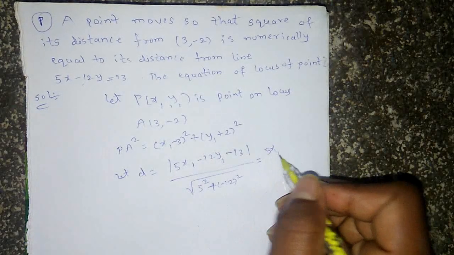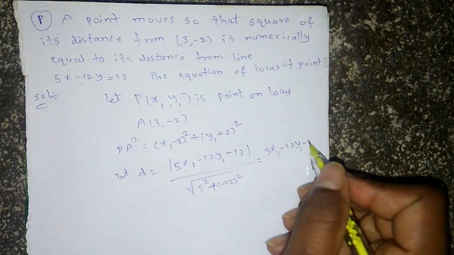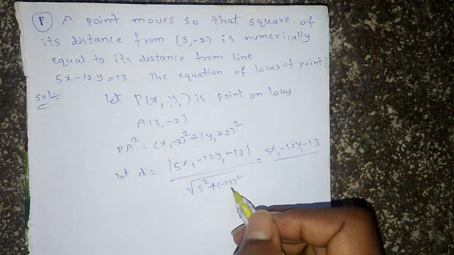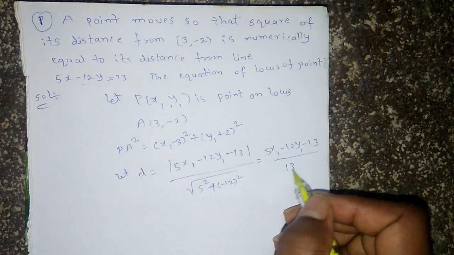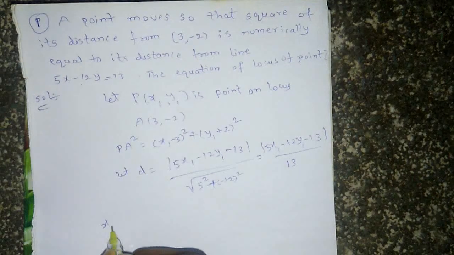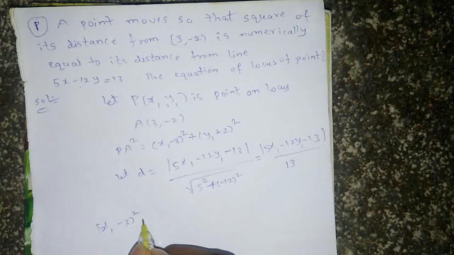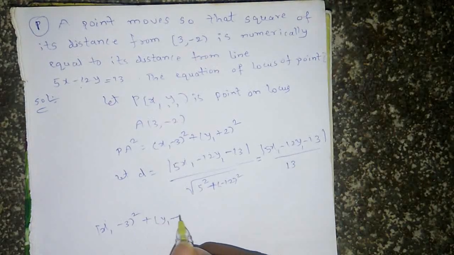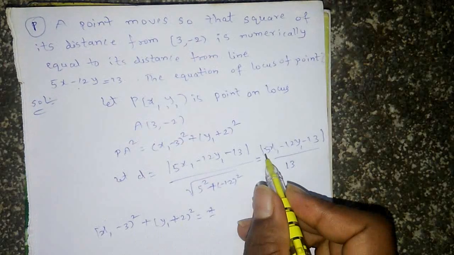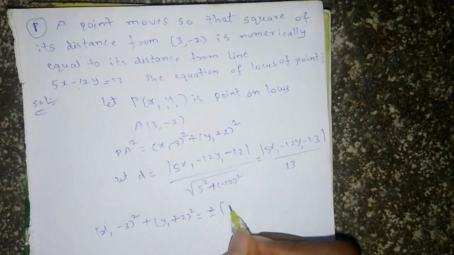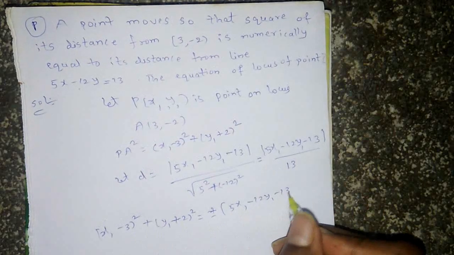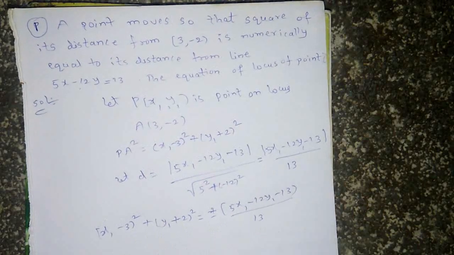This is (5x1 - 12y1 - 13) divided by the square root of 25 + 144, that is root 169, which is 13. So (x1 - 3)^2 + (y1 + 2)^2 is equal to plus or minus, if you remember the modulus, (5x1 - 12y1 - 13)/13.